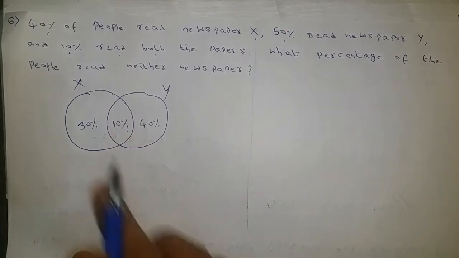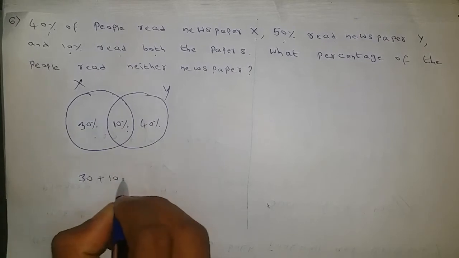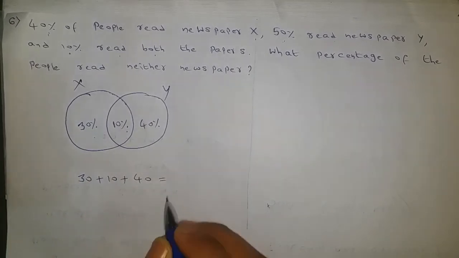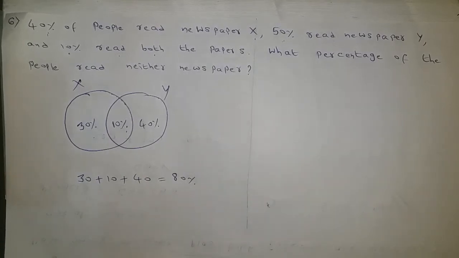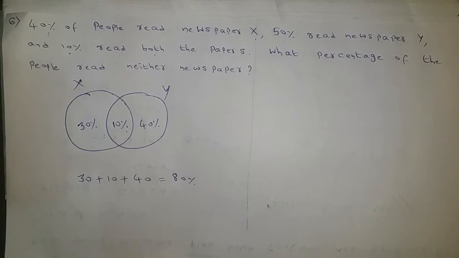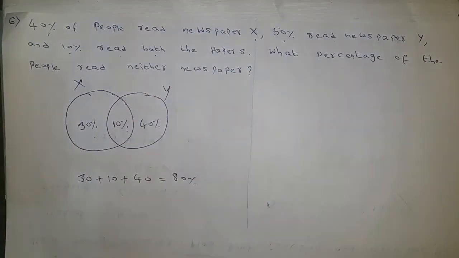So now if we add all these percentages, 30% plus 10% plus 40% is equal to 80%. It means 80% of the people are reading at least one paper. Then the question is, what percentage of the people read neither newspaper?